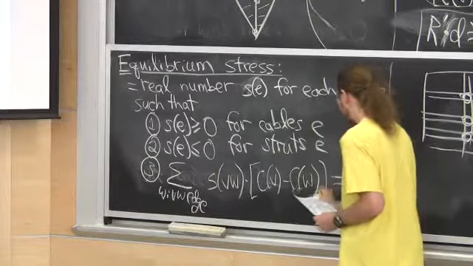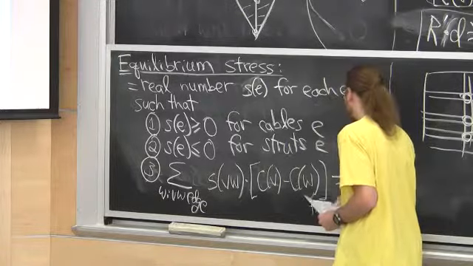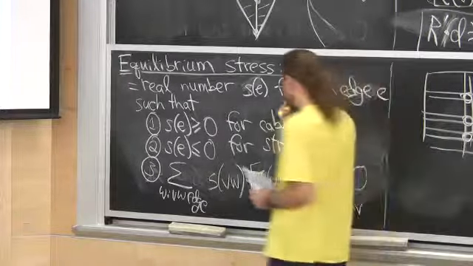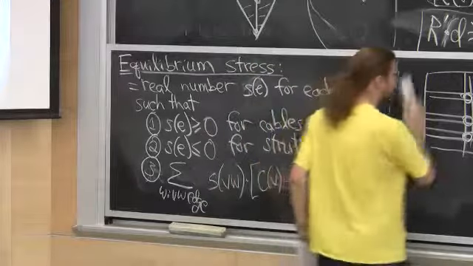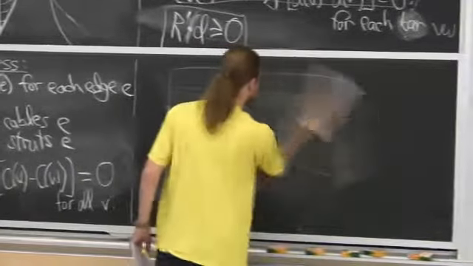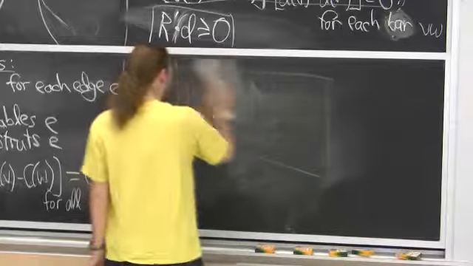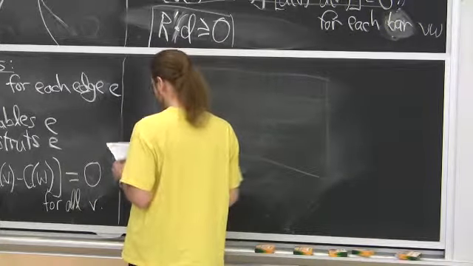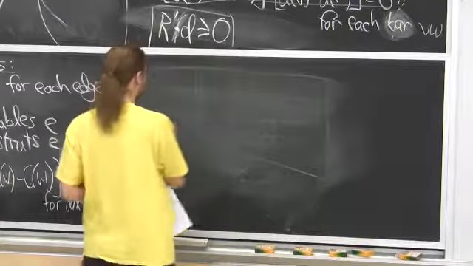This is the 0 vector for all vertices V. Let me draw a picture. I'll draw a real example.